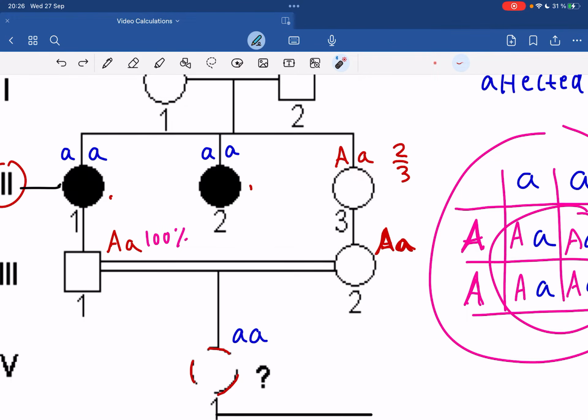So we take half of a first degree relative's heterozygous probability. Okay, it would be the same if she had a sibling here that was 2 out of 3, or let me write it here. Let's say she has a sibling here, a brother who has 2 out of 3 probability to be heterozygous.